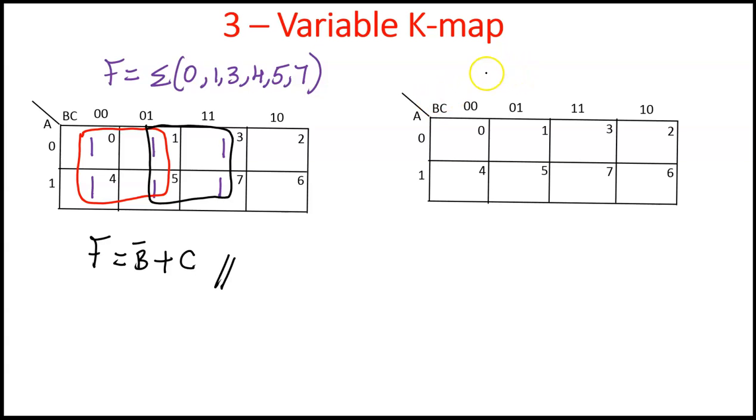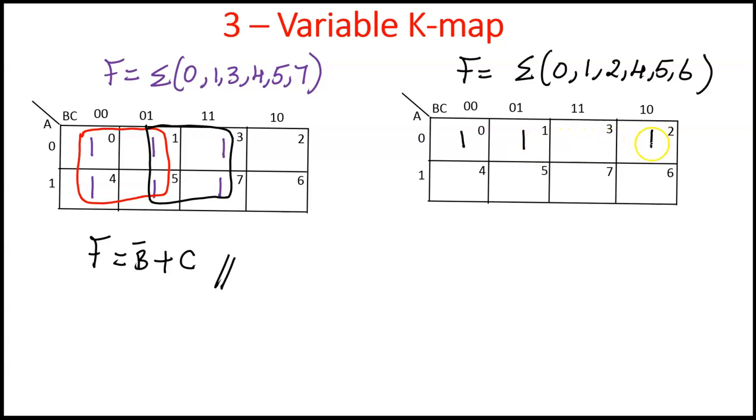And now, let us see the final example: F is equal to summation of 0, 1, 2, 4, 5, 6. So, now mark the 1 in the corresponding minterms. So, here is 1, 1, 2, that is 1. So, 1, 1 and 1.